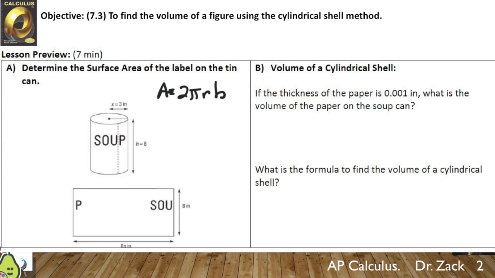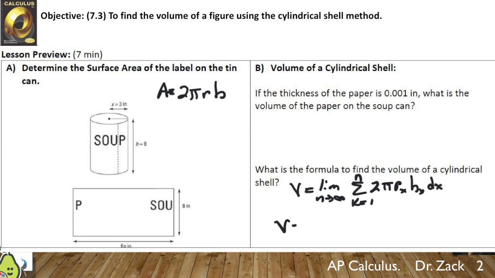So the formula to find the volume of a cylindrical shell should be the volume is equal to the limit as n goes to infinity, the sum k equals 1 to n, 2 pi r of x times h of x, dx.